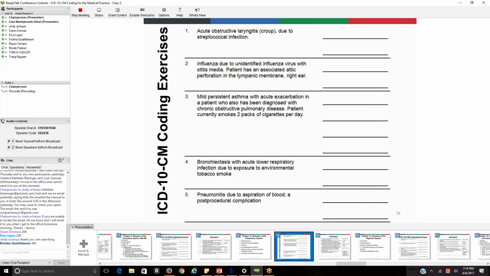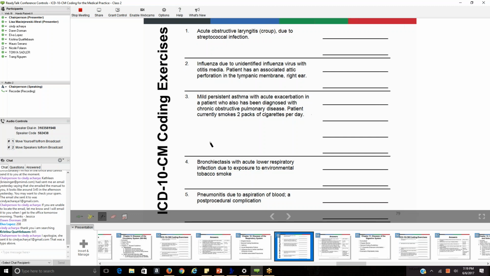We have other streptococcus as the cause of disease classified elsewhere, and we have unspecified streptococcus as the cause of disease classified elsewhere. I would say that it would be the unspecified because it doesn't specify what type of streptococcal infection. So the code then, the second code would be B95.5.